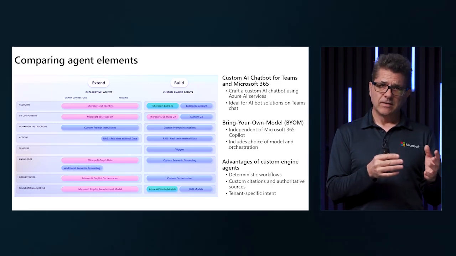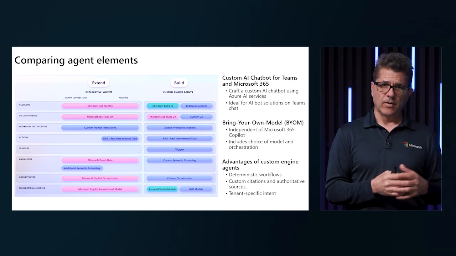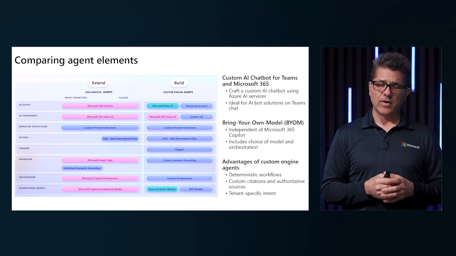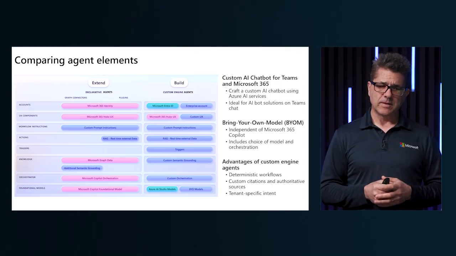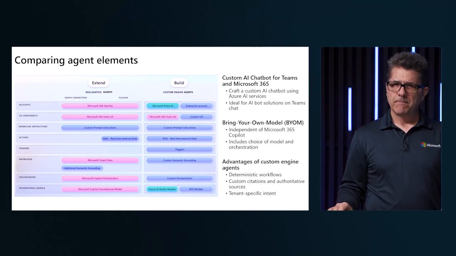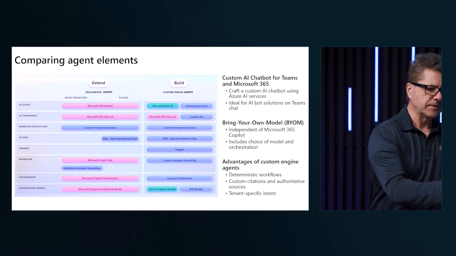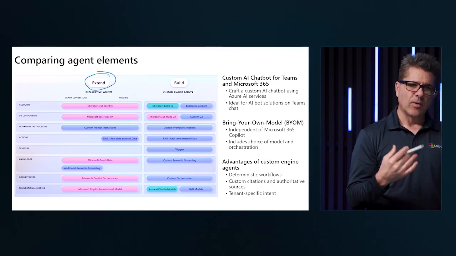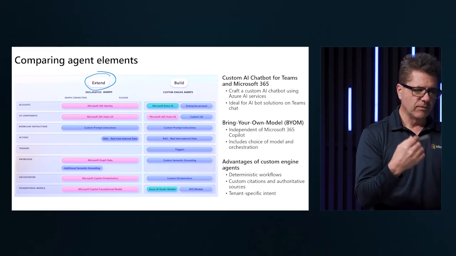We did mention, right? It can be more deterministic in terms of the workflow, and can have more customization in terms of citation, what I want to do. And tenant-specific can also be important. So if we look at the capability of our integration and our building capabilities, if I want to simply extend my Copilot capability, let's look at what Copilot just informed us.